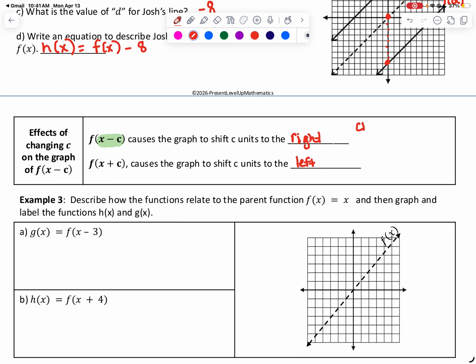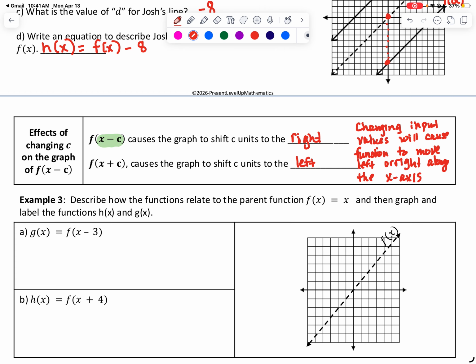So let me write this down: changing the input values will cause the function to move left or right along the x-axis.